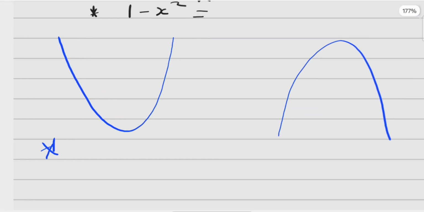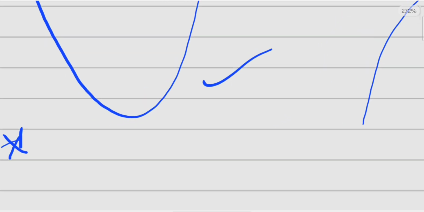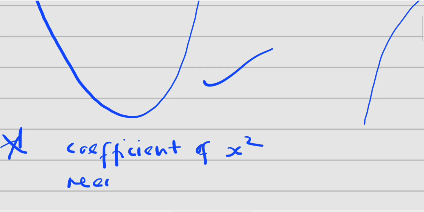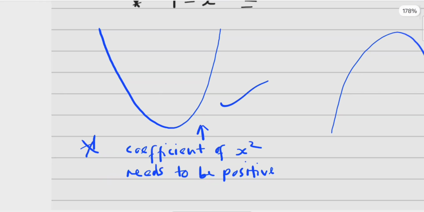So for this shape, the coefficient of x squared needs to be positive for us to get this kind of shape, right?